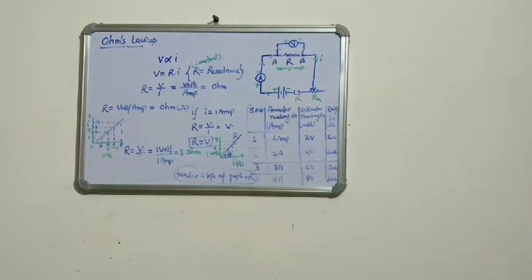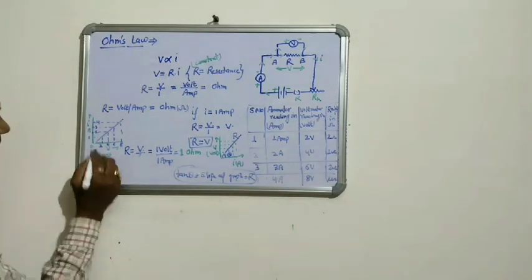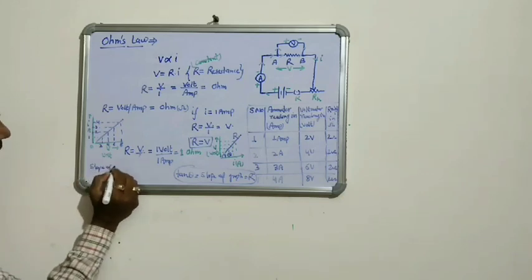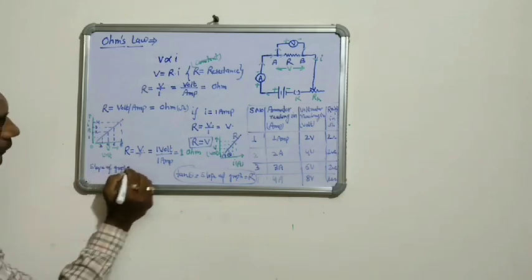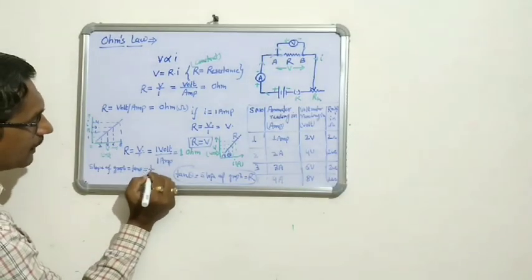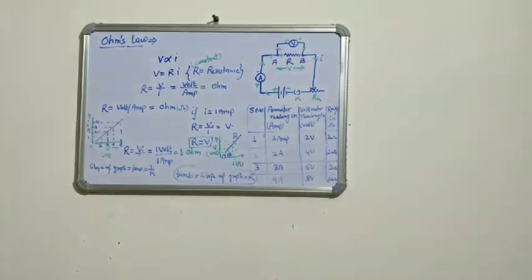But in this case, the slope of the graph, tan theta, equals 1 by R. Remember it.